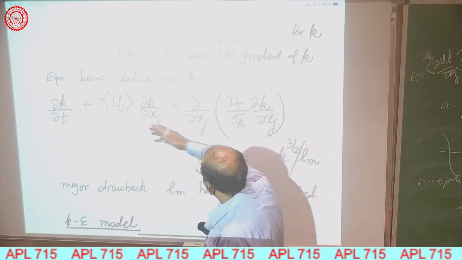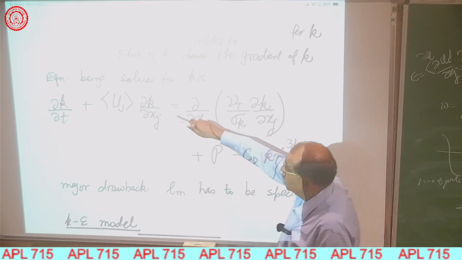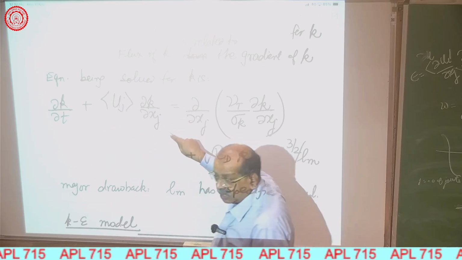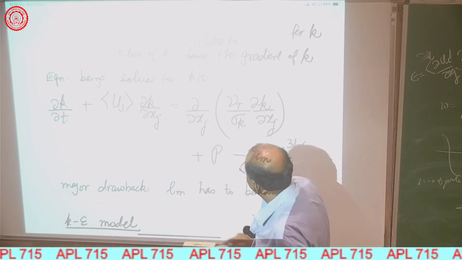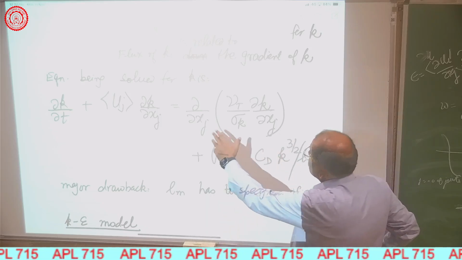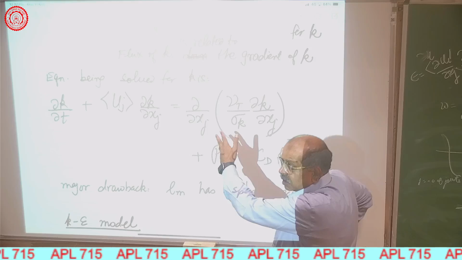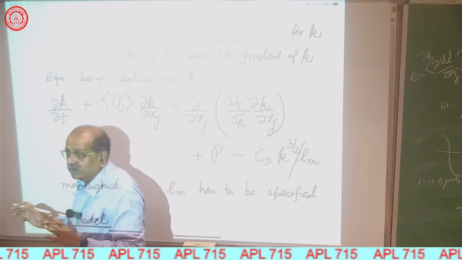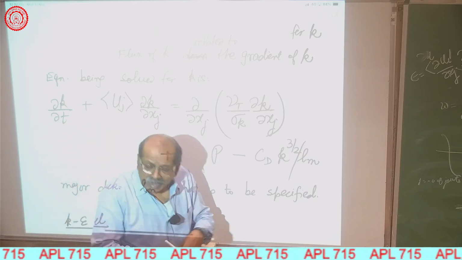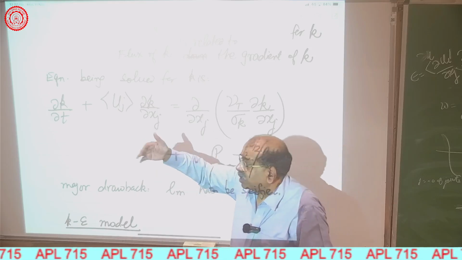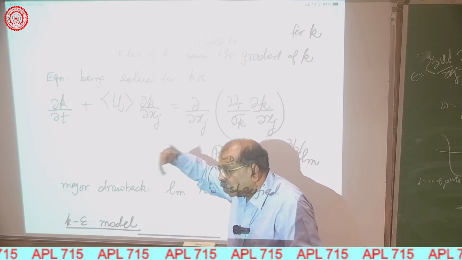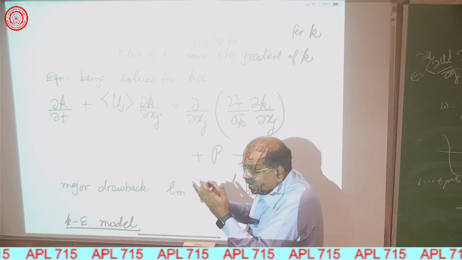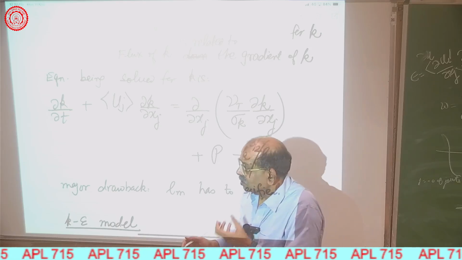Similarly, I look at the k equation. First there is partial k by partial t plus mean of u_j partial k by partial x_j, plus there is a transport term, and then there will be a production term and a dissipation term. Typically everything else, for example even pressure, you can call a part of the production term in the laminar flow equations. So our equation for any quantity is of this form.